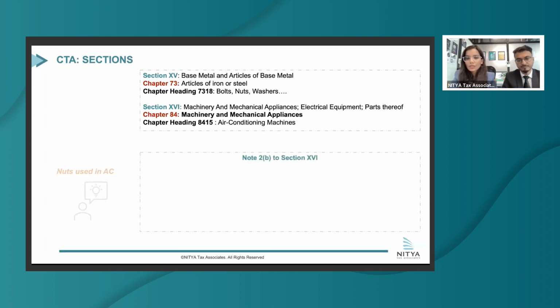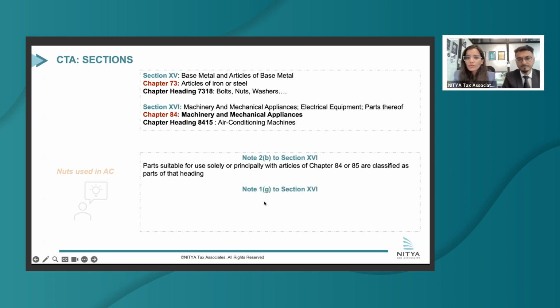Now, if we go to the section notes, note 2(b) clarifies that parts suitable for use solely or principally with articles of 84, 85 are classified as parts of that heading. So let's suppose these nuts are designed in a manner that they will be used in the AC. Then it will be classified as parts of AC.